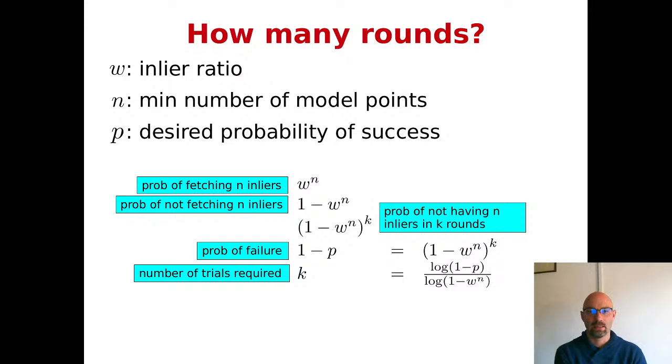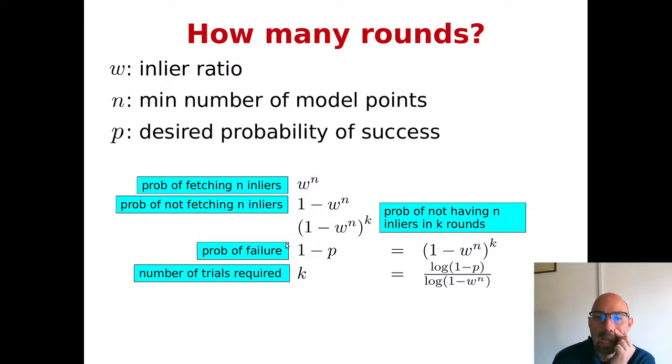If I repeat, each round is independent, right? So if I repeat this game for k rounds, given that each round is independent, the probability of not having n inliers in k rounds is equal to the probability of not having n inliers in one round to the power of k.